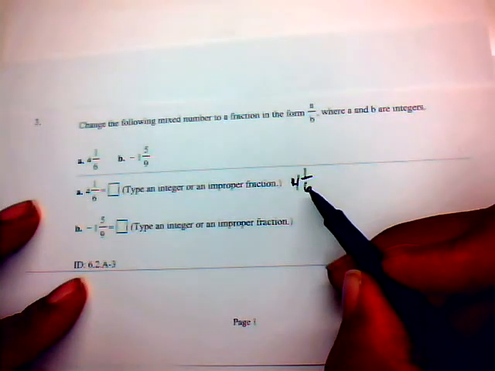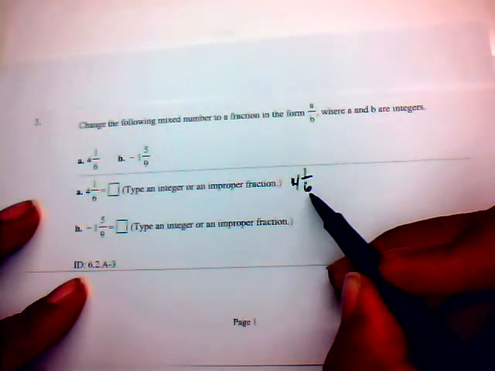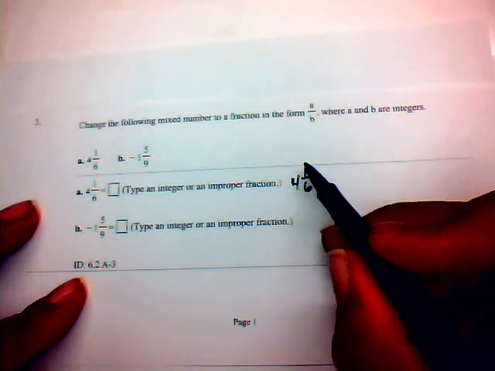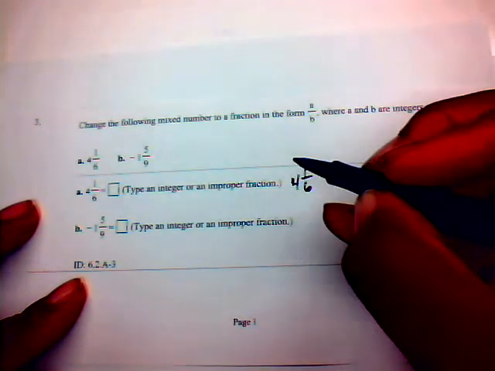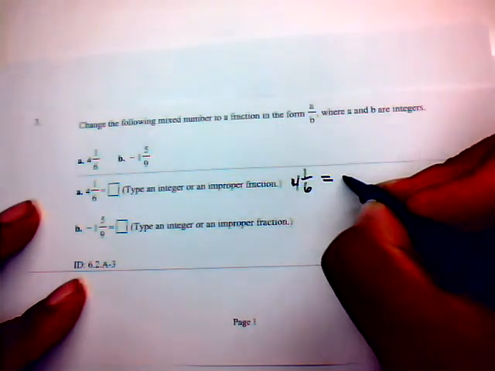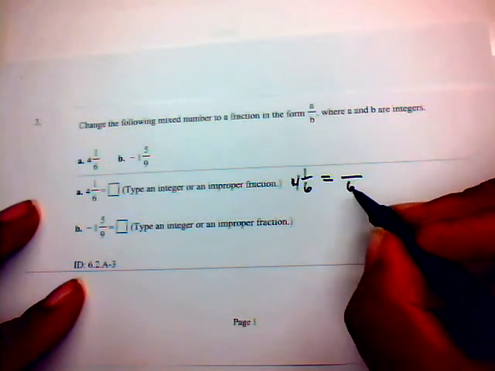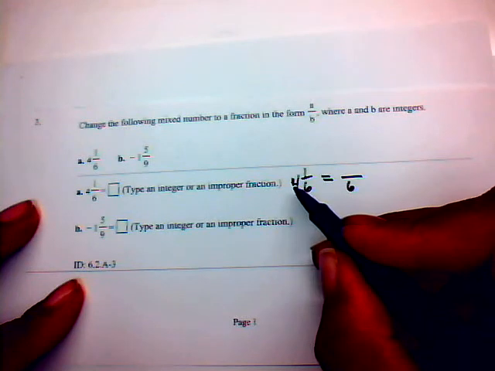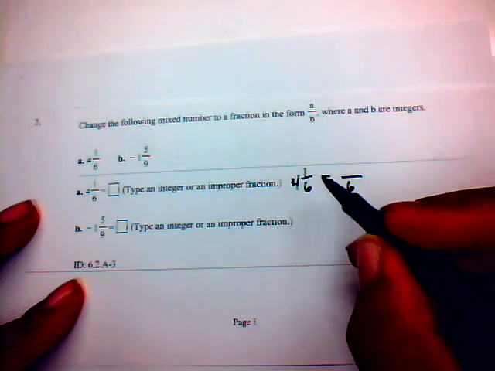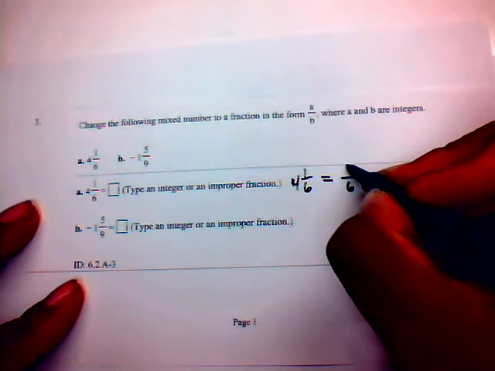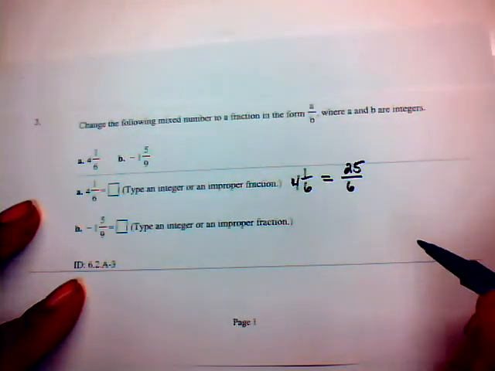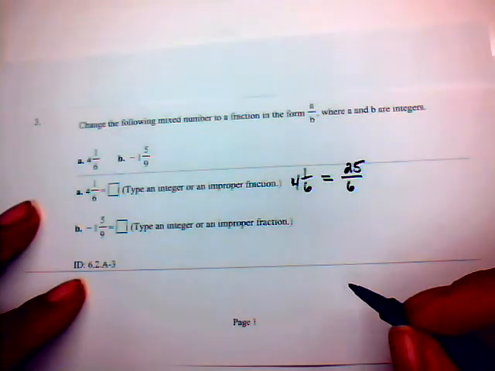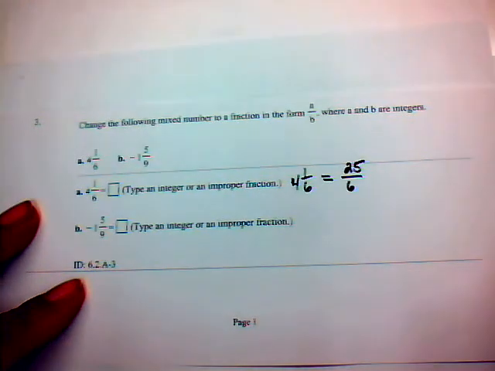We're going to take the denominator, multiply by the whole number, and then add the numerator to get our numerator for the improper fraction. We know our denominator is going to be 6, so we're going to bring over the 6. For the numerator, we do 6 times 4, that's 24. 24 plus the 1 is 25. So 4 and 1/6 as an improper fraction will simply be 25 over 6.